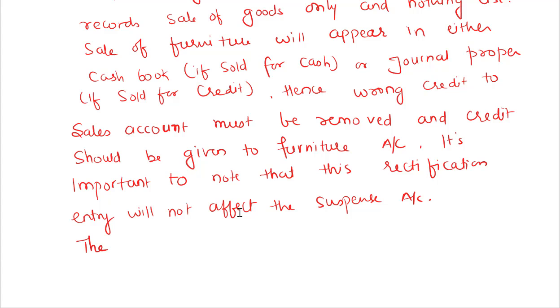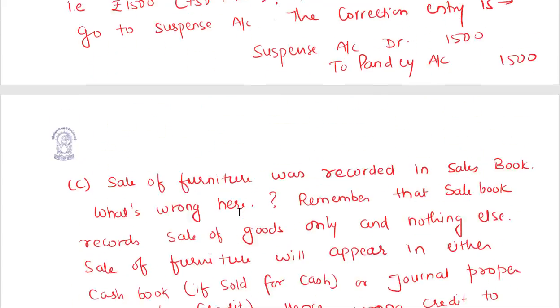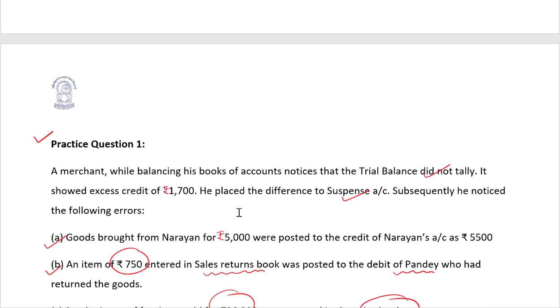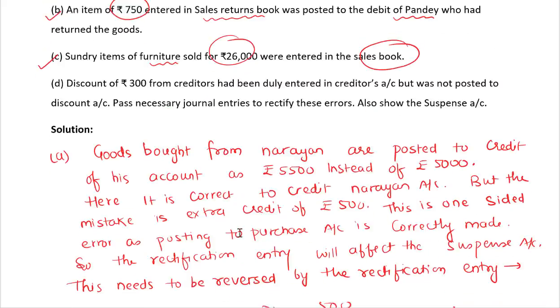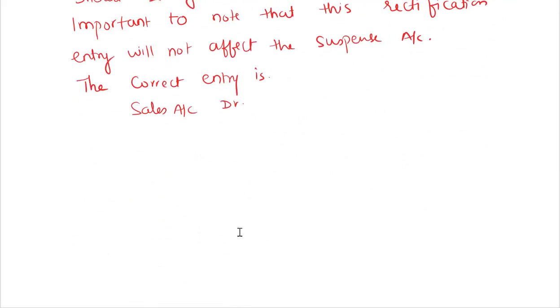Just write the correct entry with me. The correct entry is sales account debit. What is the amount? 26,000. Sales account debit 26,000 and furniture account will be credited by 26,000.